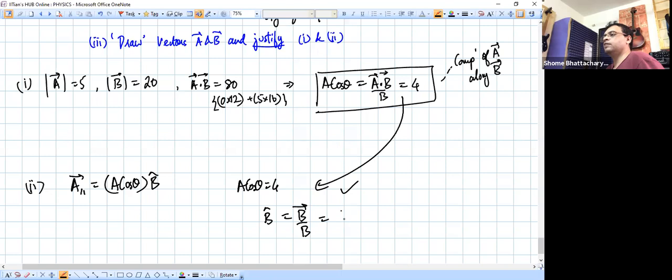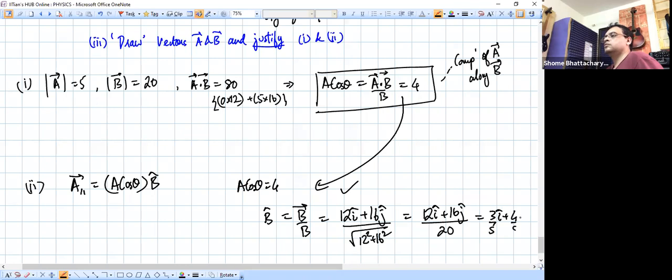So it is 12 i cap plus 16 j cap divided by its magnitude. So that is your B cap and this is your A cos theta.